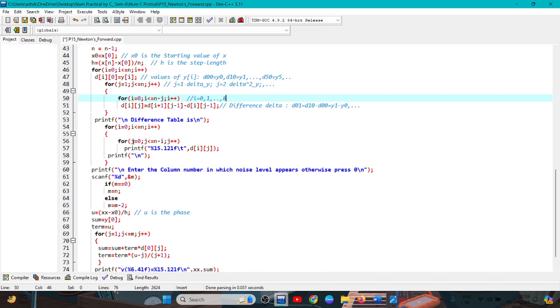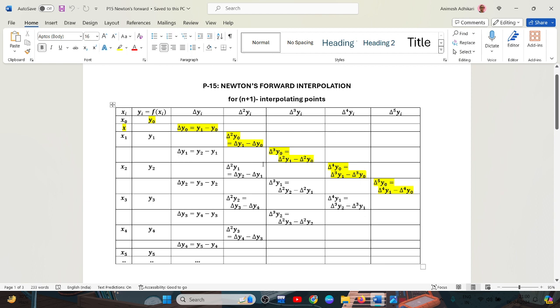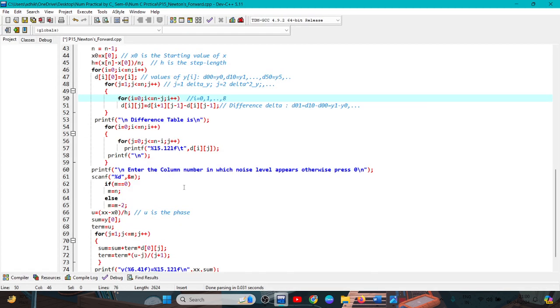Next, i equal to 1, and j runs from 0 to 9 minus 1, that is 8. So for i equal to 1 we get delta y1, delta 2 y1, delta 3 y1, and delta 4 y1.